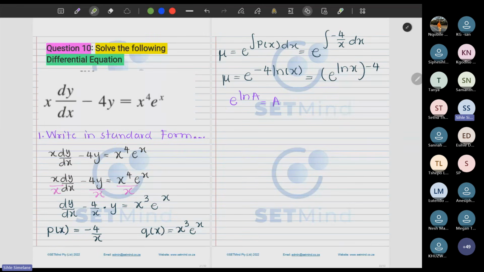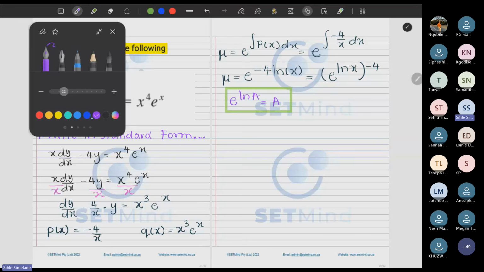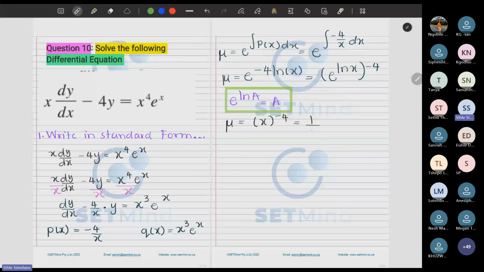This is very important for you to remember, okay? Because if you didn't, it was just gonna look like a hellish problem. So if you observe carefully what is inside, we know it will amount to x, and then we have -4, which means our factor is just 1 over x to the power of 4.